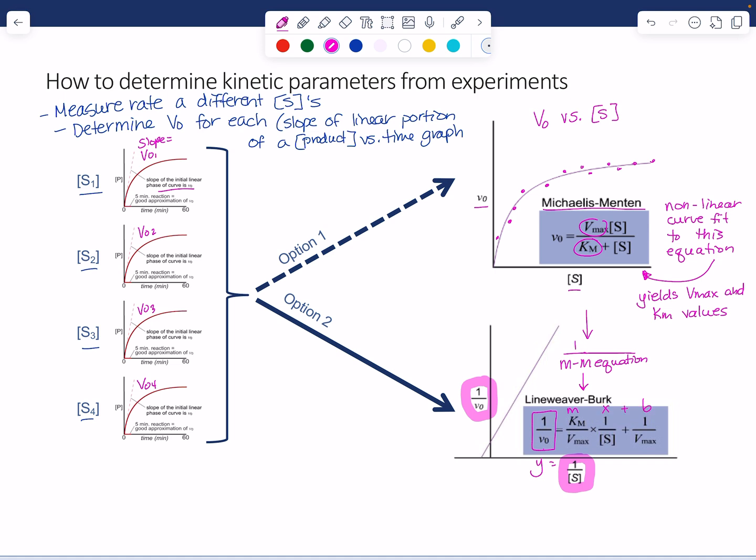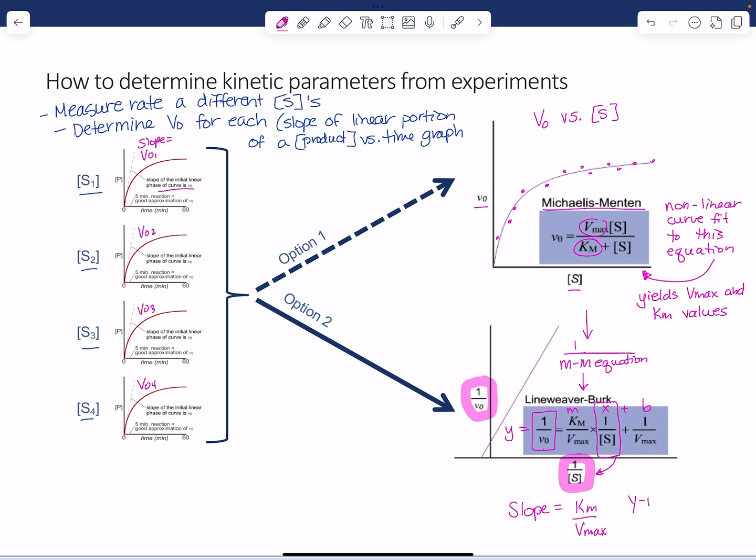So if we plot 1 over s on our x-axis, so that our y is our 1 over V0 and our x is this, then that means the slope of a Lineweaver-Burk plot is going to be Km over Vmax.